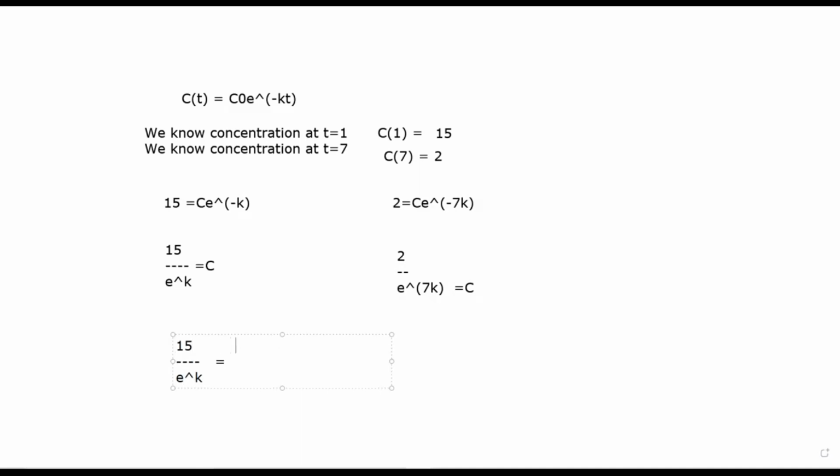This is 2 over e to the 7k. And notice I haven't used logs yet. But I did use exponents, you see? So you can use logs if you prefer, and most of the explanations I saw did that. But now, what you want to do is solve for k.